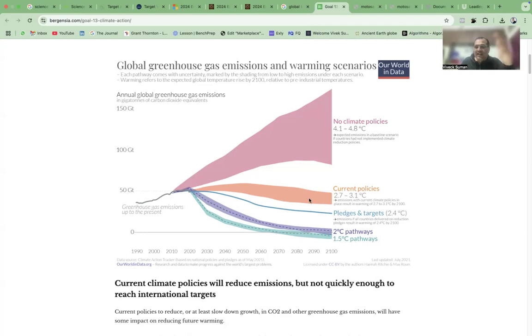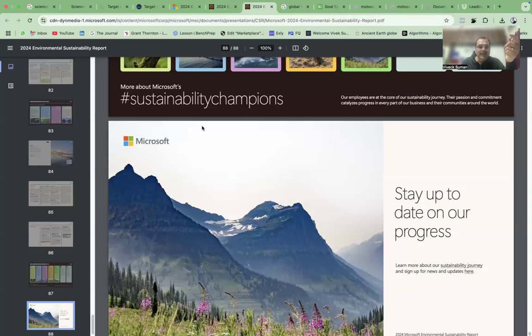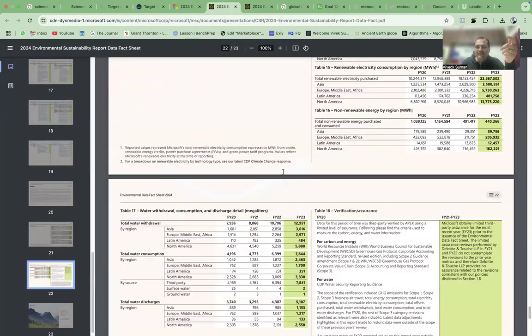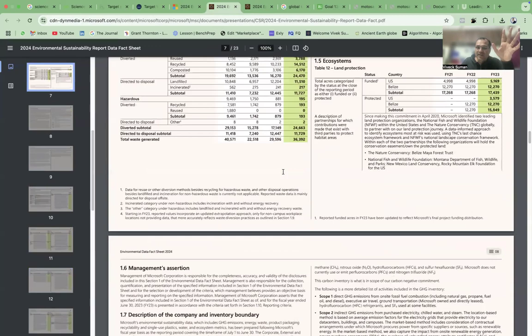This is the SBTI recommended graph. Once you commit to SBTI, science-based targets, then you have to use this graph and show your effort along this line. Now, why we were talking about the Microsoft example, if you see Microsoft's commitment, they have a similar commitment.